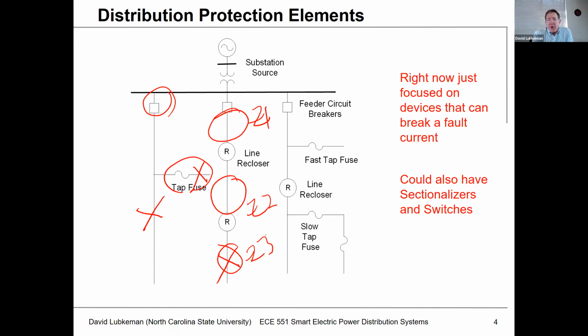And then another thing we need to be looking at when we have these line reclosers is then we want to start looking at the use of different speeds for these fuses, so we could have the coordination set up in such a way we can do something called fuse savings, and we'll talk about that a little bit later on in this lecture. I'm just going to be focused on looking at devices that could break a fault current for now. And so there's also sectionalizers and switches in the circuit, but let's just focus on the devices that could actually break a fault current.